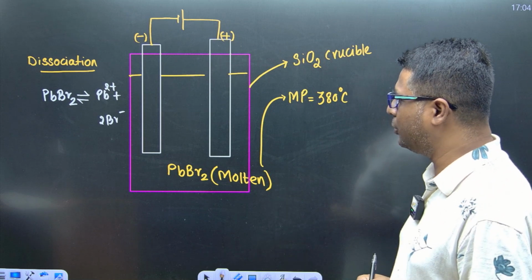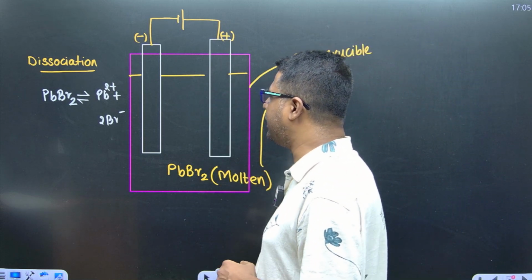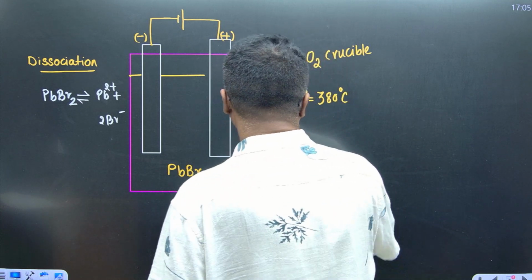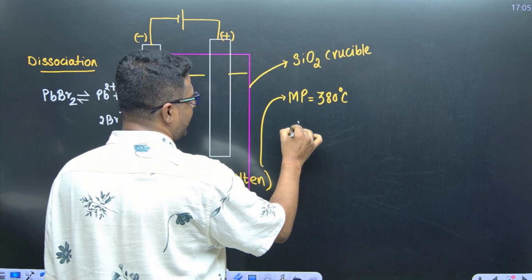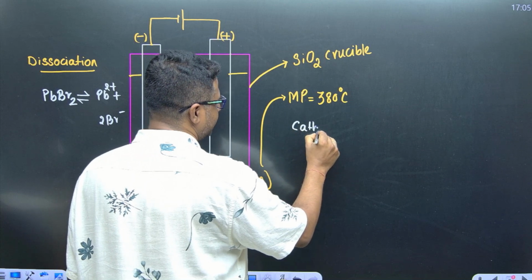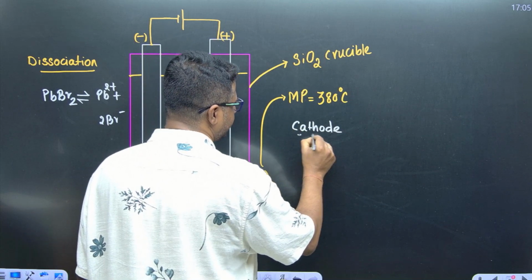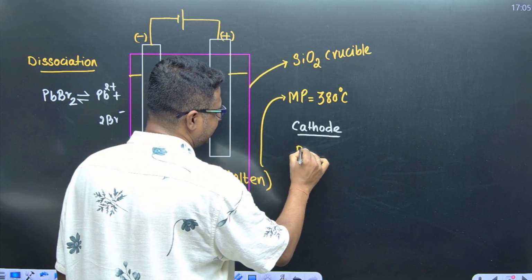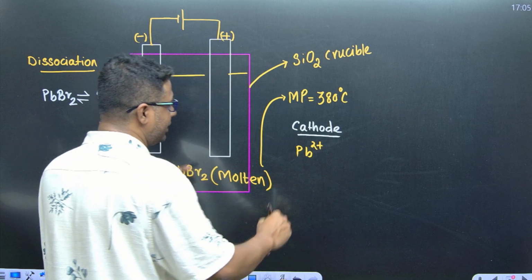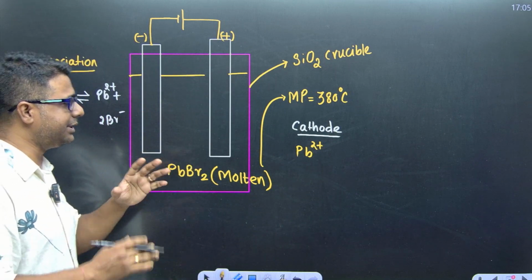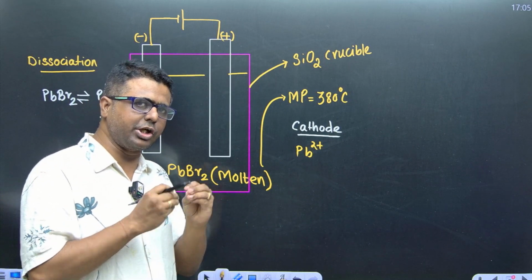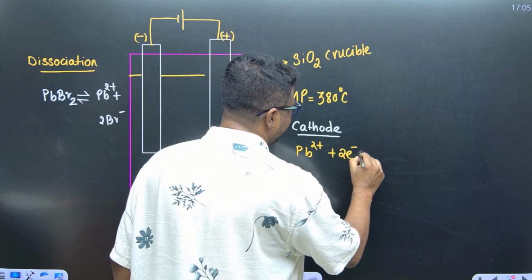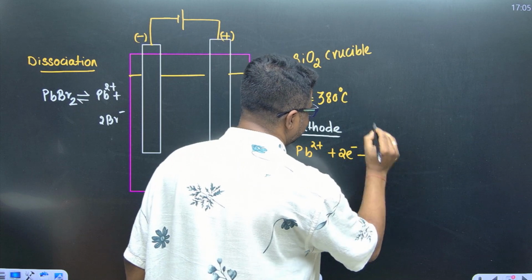So towards the cathode, that is the negative electrode, definitely what is going to travel? Lead 2+ is going to travel. So first of all, we are going to write here about the cathode. So at cathode, what is happening? At cathode, this lead 2+ comes, and cathode is a negative electrode. So this negative electrode gives 2 electrons to lead 2+, and we get lead deposited.